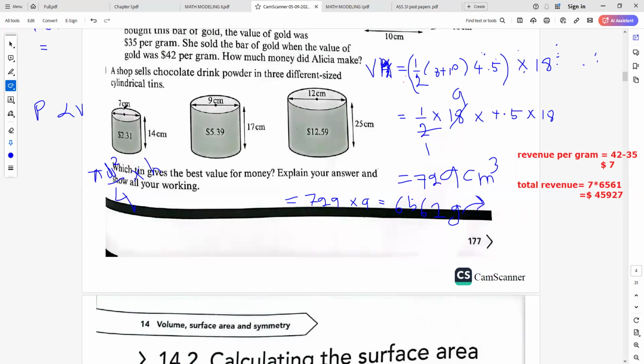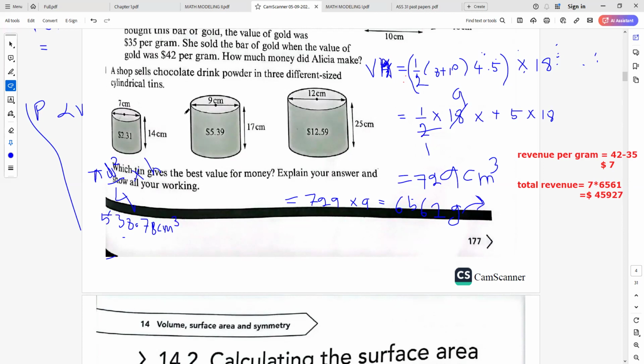That gives me 538.78. So the volume is 538.78 centimeter cube.